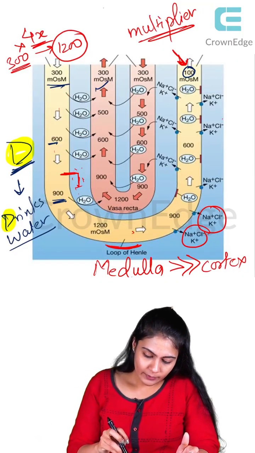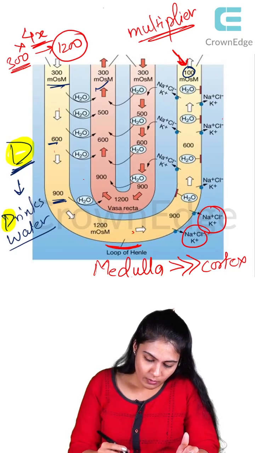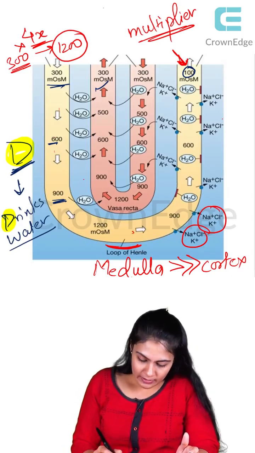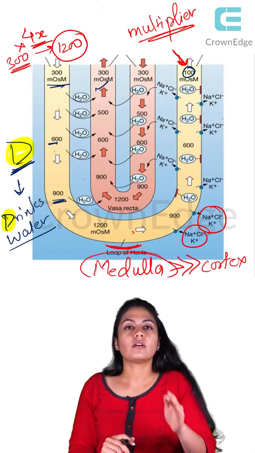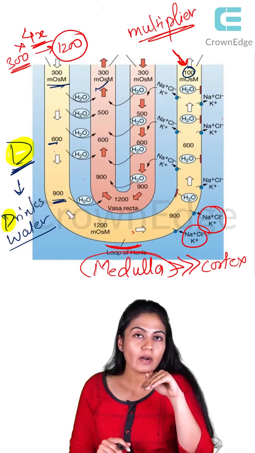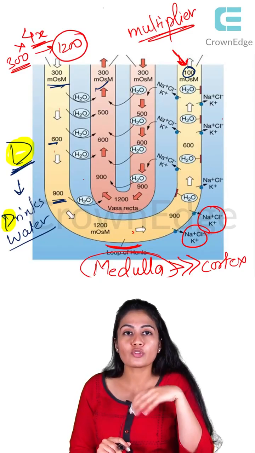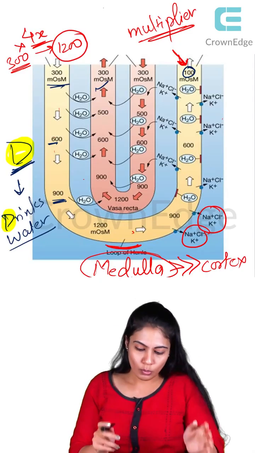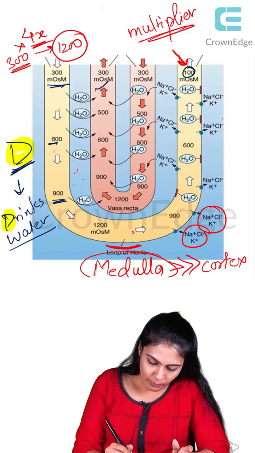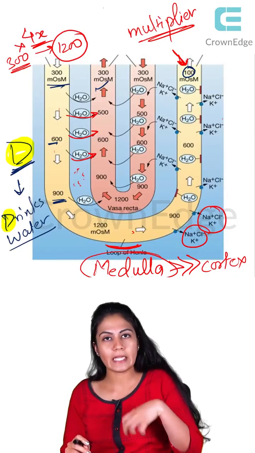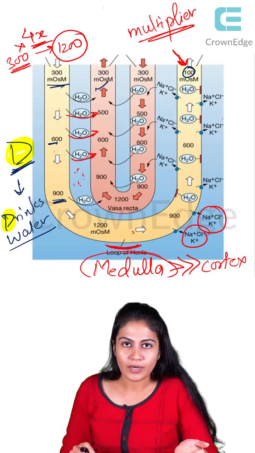And the vasa recta: suppose the vasa recta wouldn't have absorbed the water from the interstitium, what would have happened? This osmolarity would get back to its normal, that is 300 milliosmoles, right? But we do not want that. We want much water to get reabsorbed. So whatever water is reabsorbed into this interstitium, we suddenly send it to the vasa recta, so that the vasa recta will take it and put it into the blood, right?